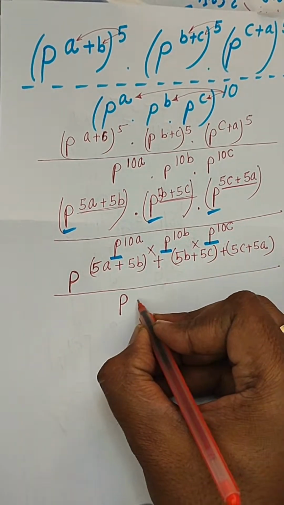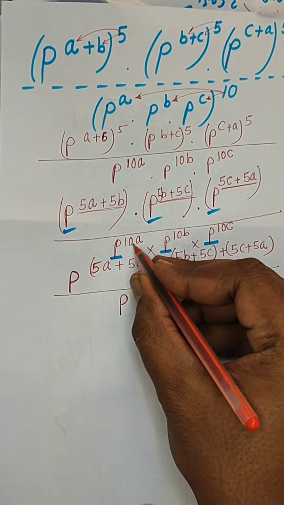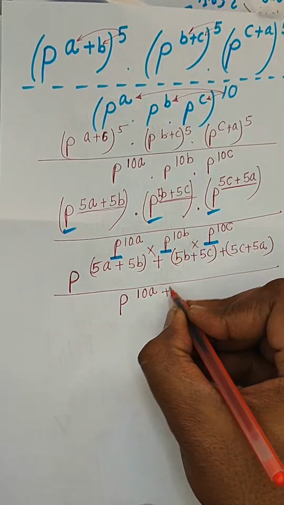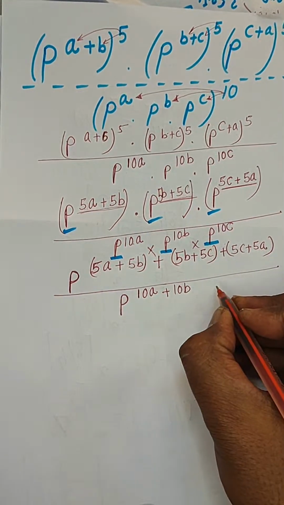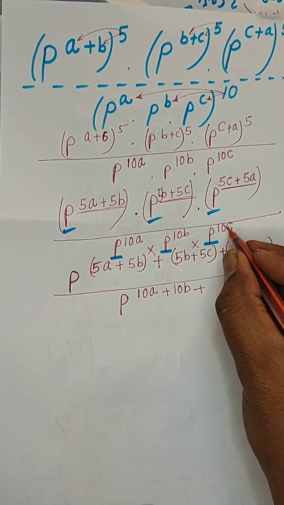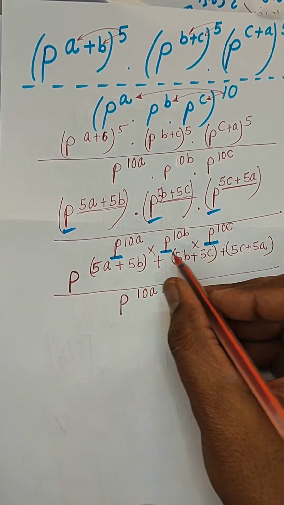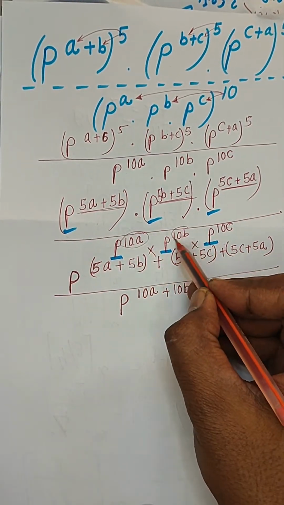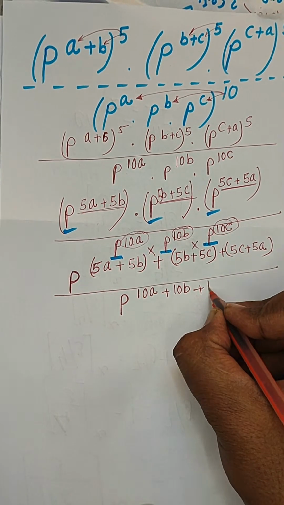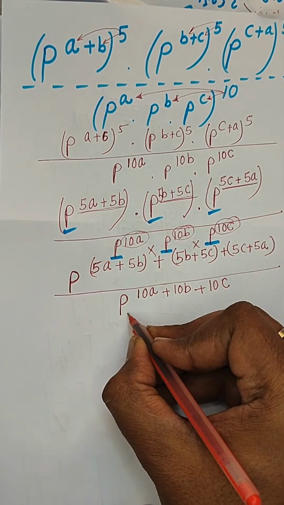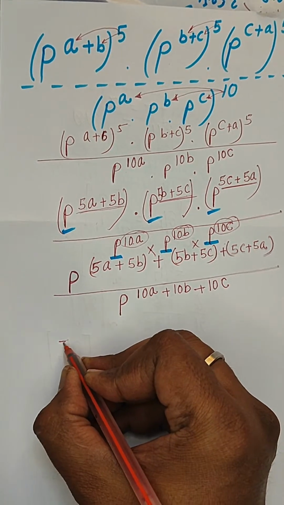With that we can write in the denominator the exponent to the base p added with the exponent to the base p. All the bases are the same, p, p, p. That's why the exponents 10a, 10b, 10c in the denominator will be added to the base p, right?